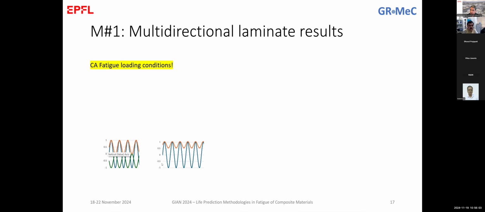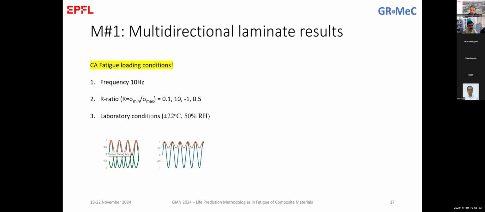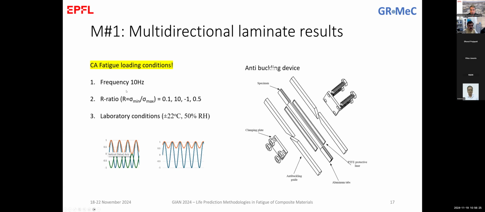And we had also cases where the stress ratio is defined by minimum to maximum, in this case from 0.5 to 1, which means that the stress ratio here is 0.5. And here again, we talk about a tensile fatigue loading. So we had all these different loading conditions at always the same frequency of 10 Hertz and at laboratory conditions, so controlled conditions in the laboratory.